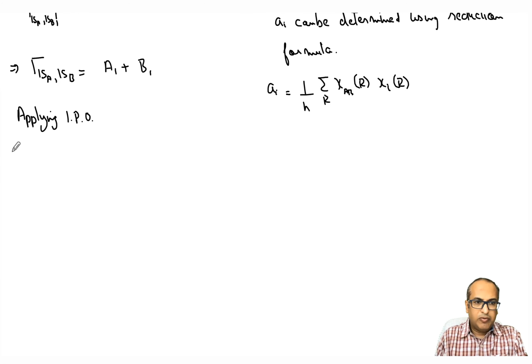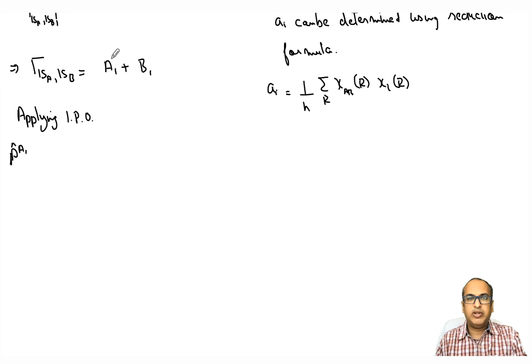We can apply projection onto A1 or onto B1 because both of them contribute to this, right? So basically we will get one linear combination corresponding to A1, another corresponding to B1. Now this can be applied onto either 1SA or 1SB. Okay. So we are going to apply P_A1 onto 1SA.